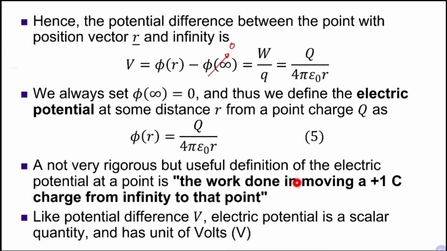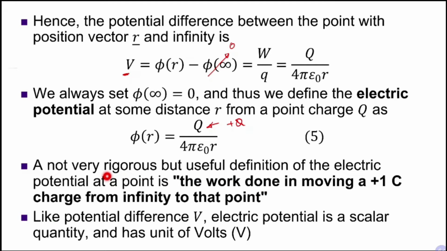So we set the potential at infinity equal to 0, and we define the electric potential at some distance r from a point charge Q as Q over 4 pi epsilon naught R. This is our potential at a distance r from the source, and our source is plus Q. If you look at this definition, our potential is equal to Q over 4 pi epsilon naught R, and that is equal to W over q.